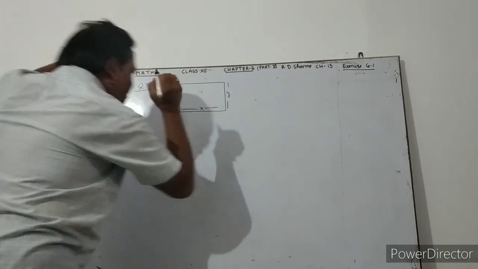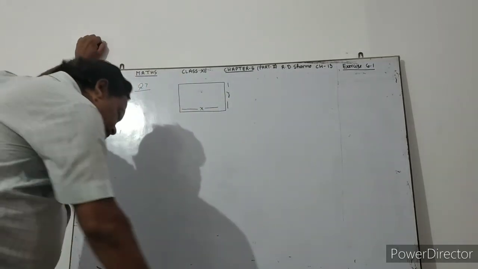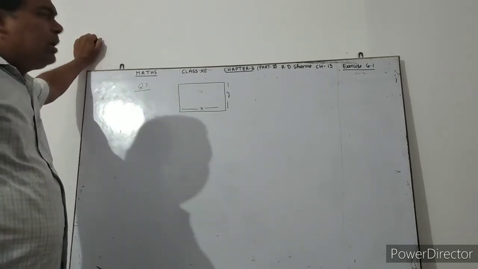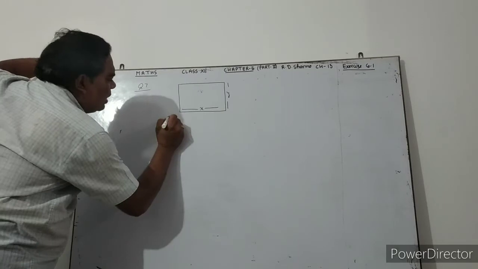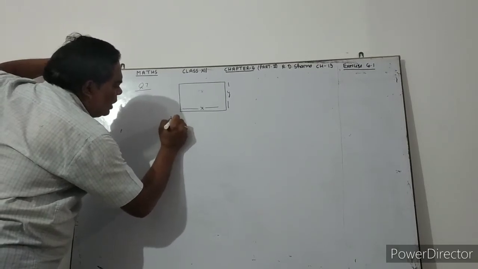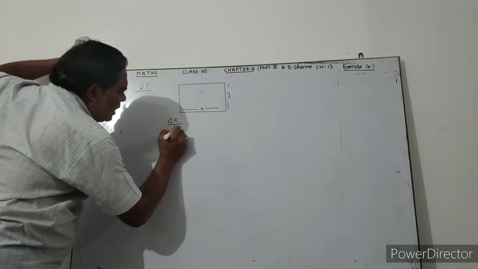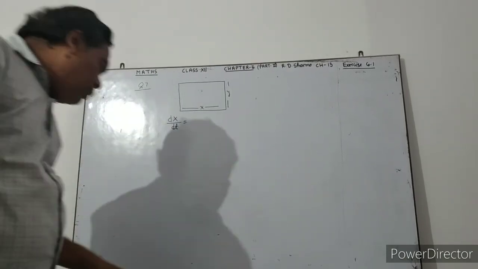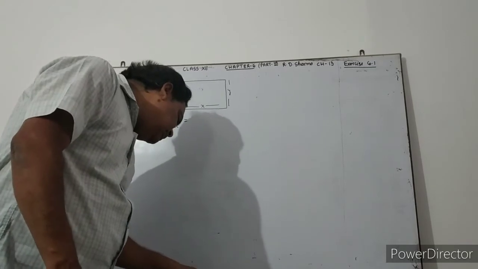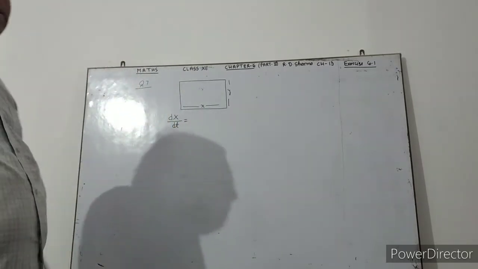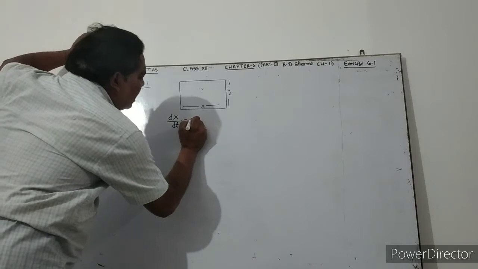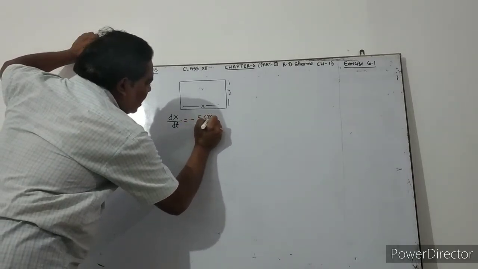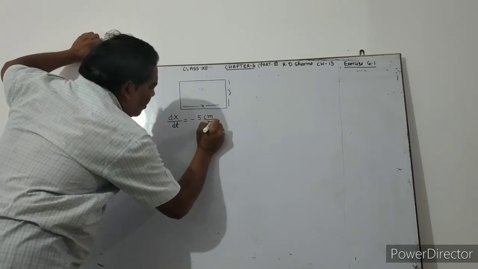It is given that the length x of a rectangle is decreasing. This means dx upon dt is given. Decreasing means you take the minus sign, so dx upon dt is minus 5 centimeter per minute.